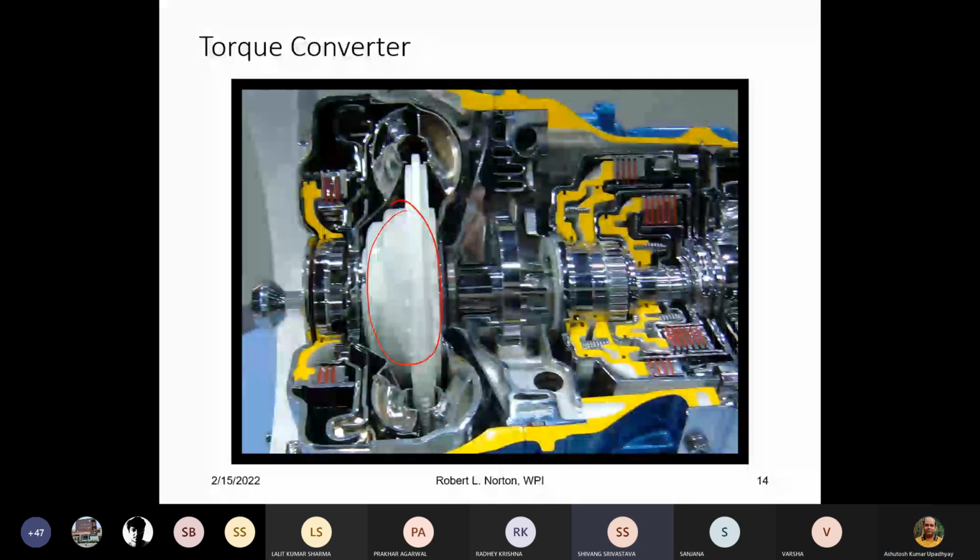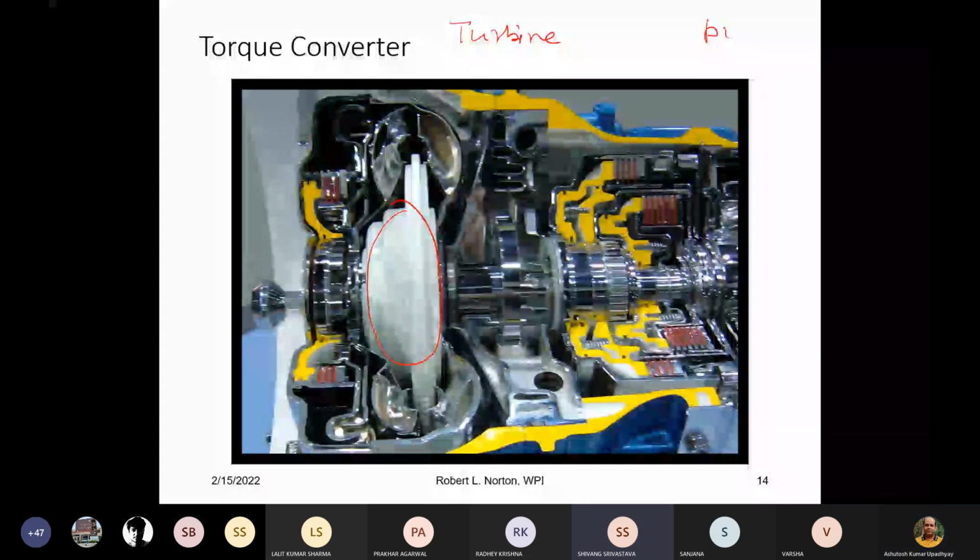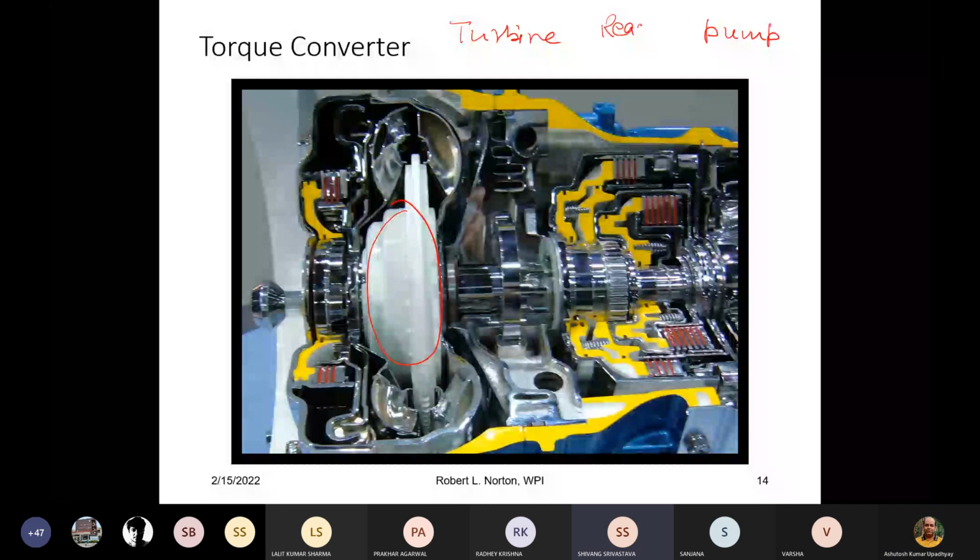For that purpose, the torque converter has three components. One is the turbine, another is the pump, of course the centrifugal pump, and in between there is a reactor.